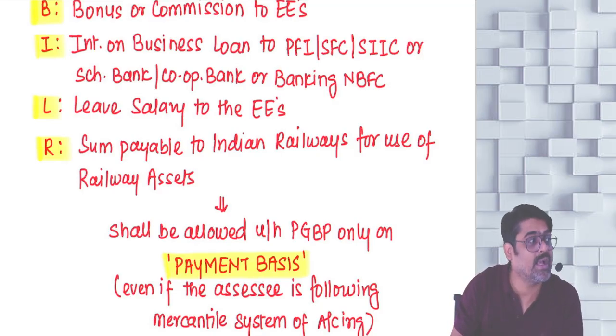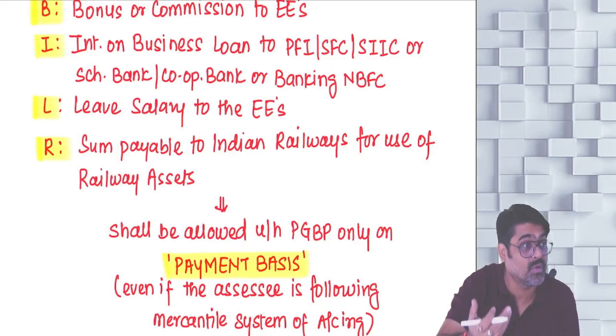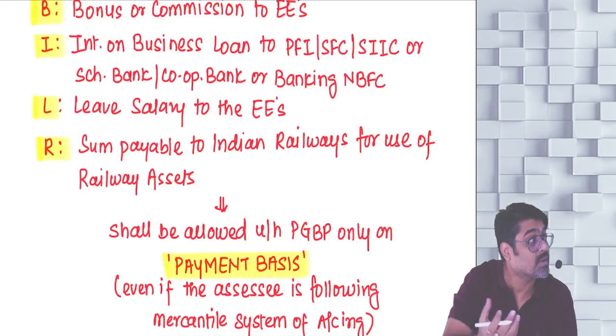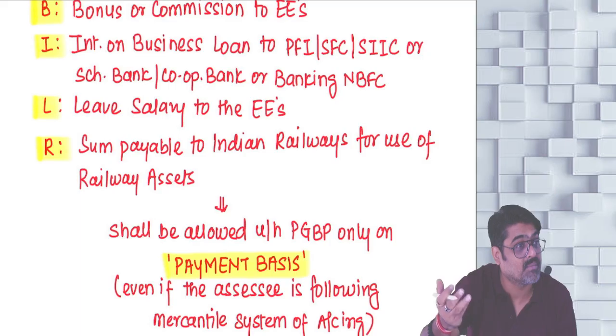So in your catering business, are you using a canteen? Yes, but that canteen is on the platform. That is an asset of the railway, which you are going to use in your catering business. For that, are you going to pay the sum to the railway?